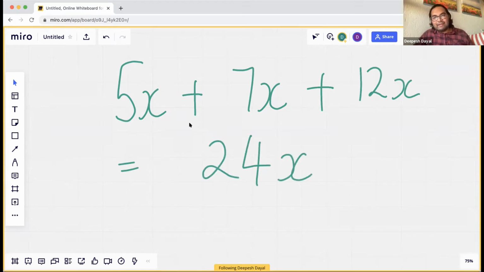Well done. I'm not hearing x squareds and x cubes. 24x. That's good. Yeah, that's right. So it is indeed 24x. 5 plus 7 is 12, plus 12 is 24. Yes, thanks, Nkumi. Thanks, Mapaseka. 24x. Great.